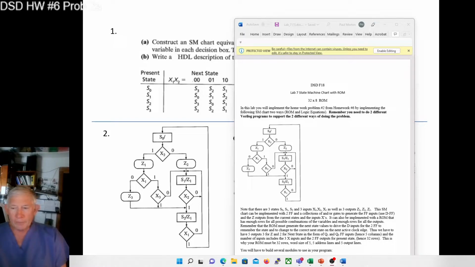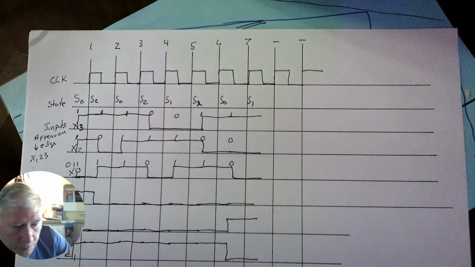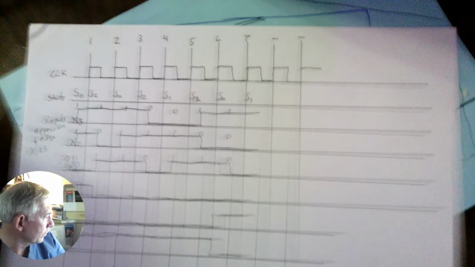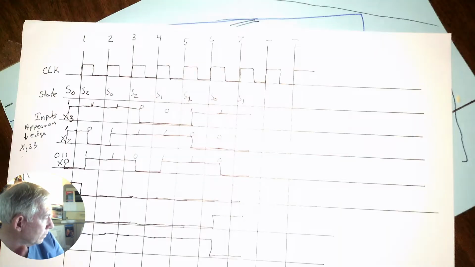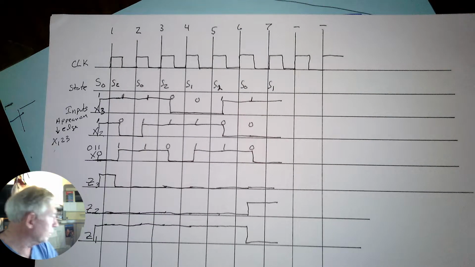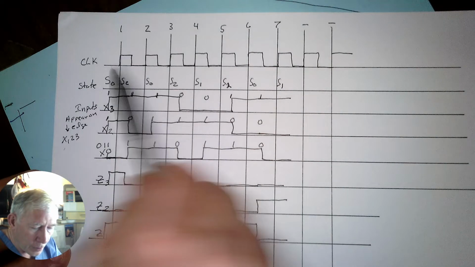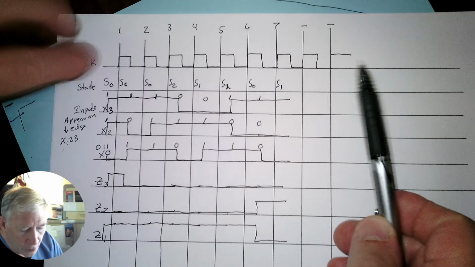If I draw this out like this, let me turn on the light so you can see it. There we go. Okay, it's not too bad. Here's my clock up here, and we start in state S0.